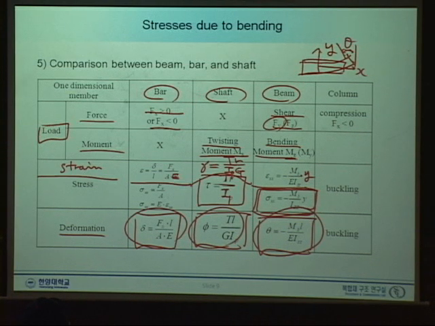Well, pay attention to all the deformations. They look very much alike, right?